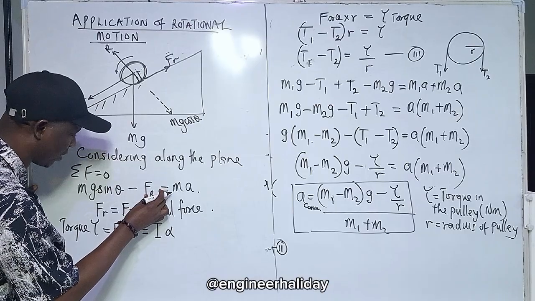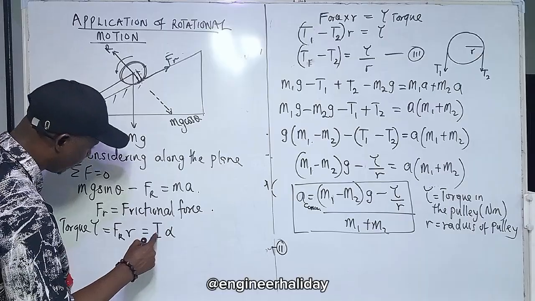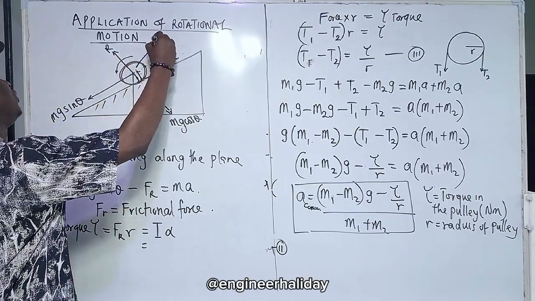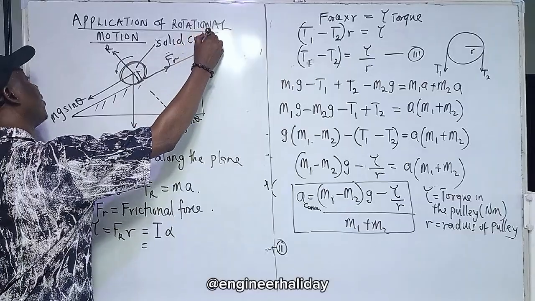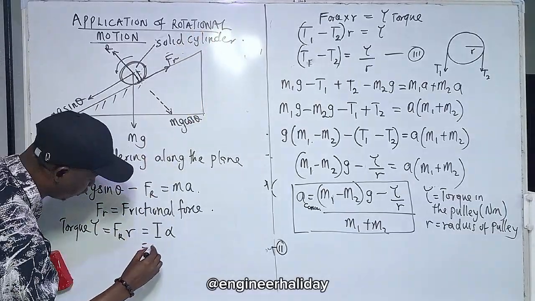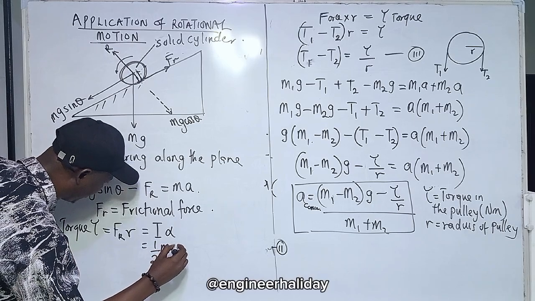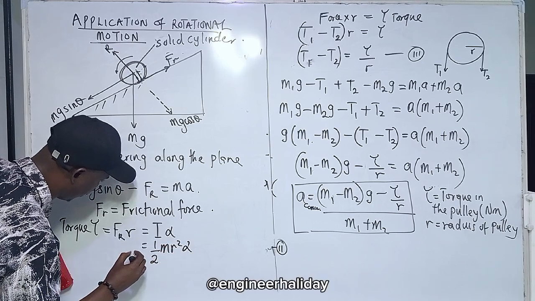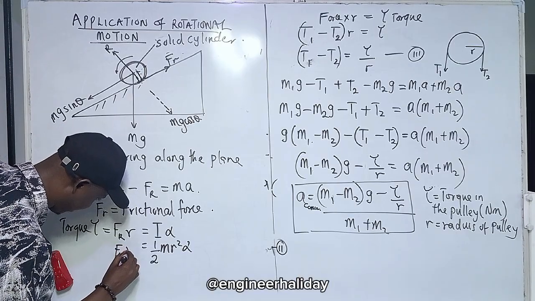Let us assume this body is a solid cylinder. Now what do we have? We have 1 over 2 m r squared alpha equal to Fr times r.